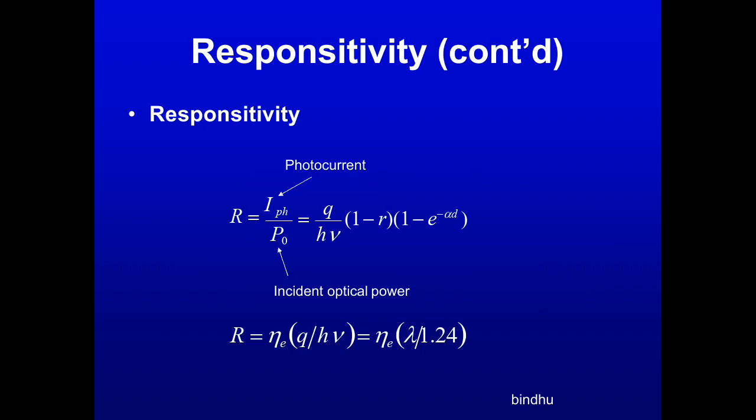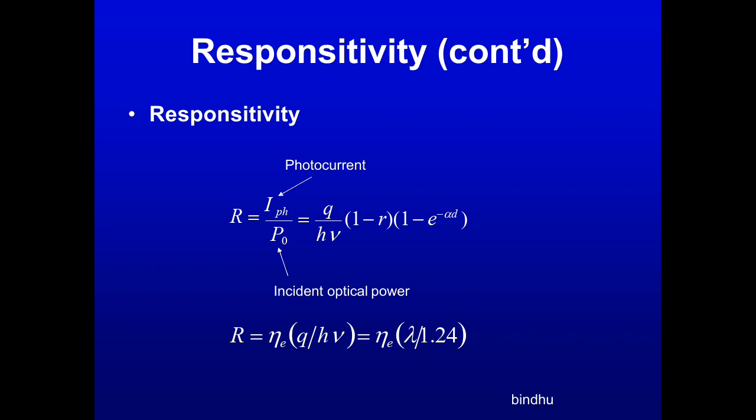How to calculate the responsivity? Capital R equals IPH by P naught. IPH is the incident photocurrent from your last equation divided by the optical incident power, so Q by hν times (1 minus R) times (1 minus e to the power minus alpha D).